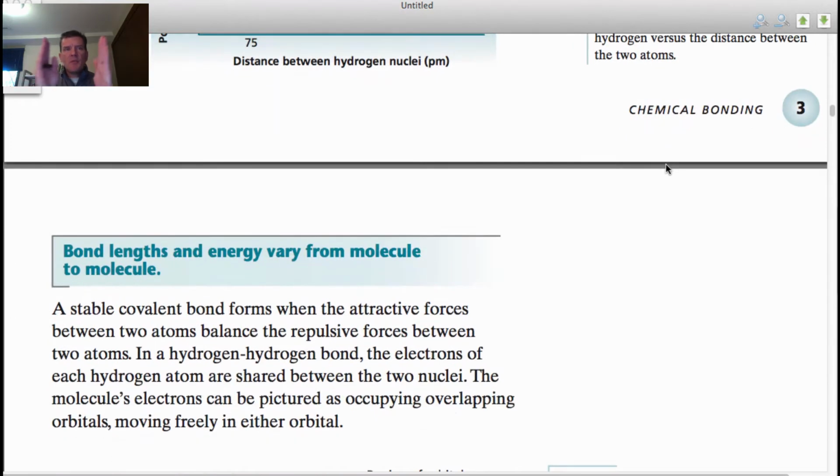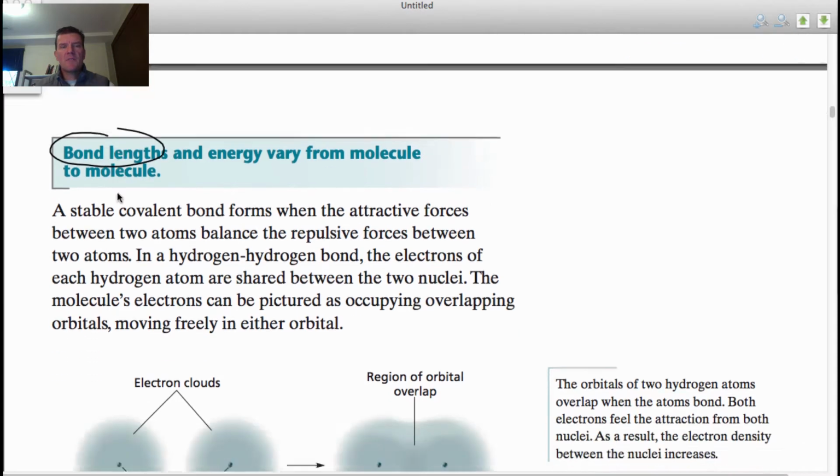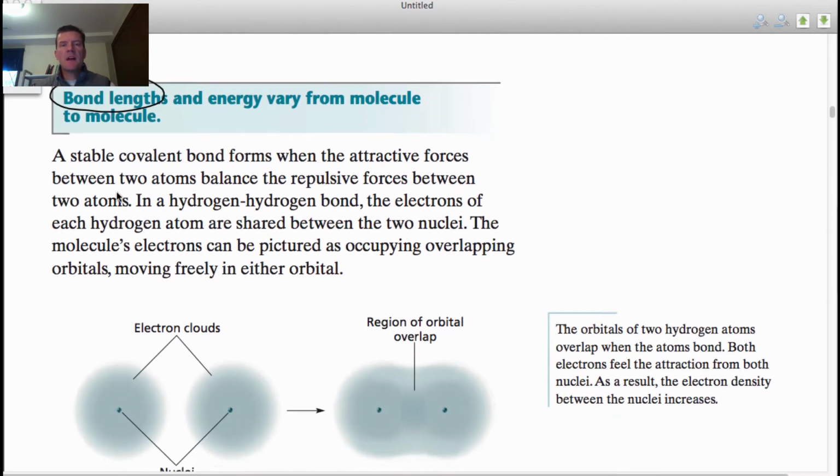They find that perfect distance where the two nuclei, yes, they're trying to push each other away because they're positive protons, but they also want to be attracted to the negative electrons, and they find that perfect distance where everybody's happy and they stay bonded together. Okay? That distance is called the bond length. The bond length. And it differs for every molecule.